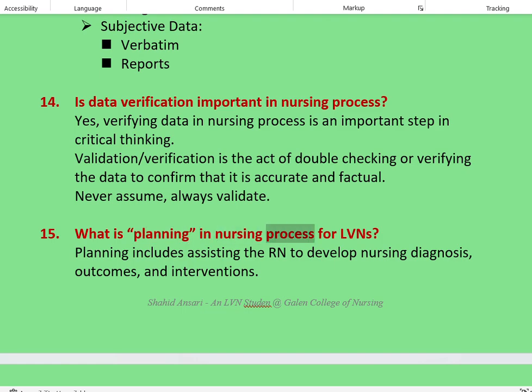What is planning in the nursing process for LVNs? Planning includes assisting the RN to develop nursing diagnosis, outcomes, and interventions.